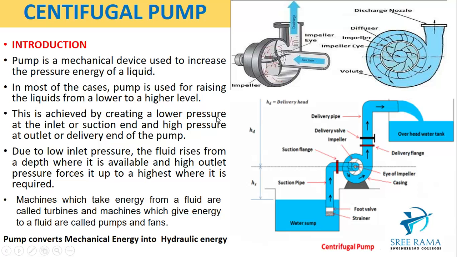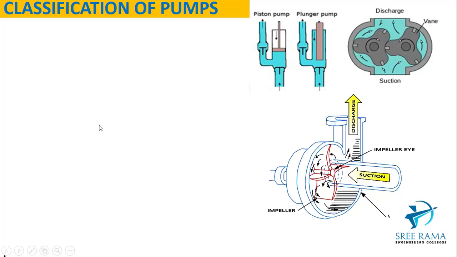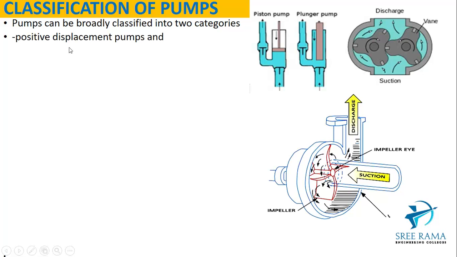Now coming to the classification of the pump. The pumps are classified broadly into two categories. Number one is positive displacement pumps, and number two is rotodynamic or dynamic pressure pumps. Let me explain one by one. First, take positive displacement pumps. As the name implies, positive displacement means the main component is displaced positively.